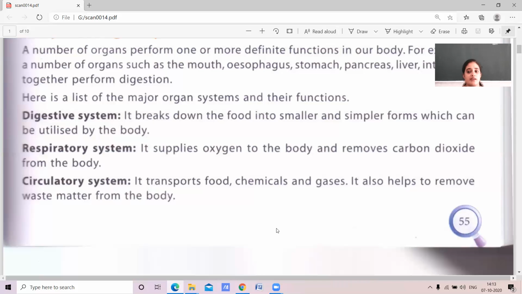Chemicals and gases are all transported. Gases like oxygen and carbon dioxide are transported in our body. This is done by the system we call the circulatory system.